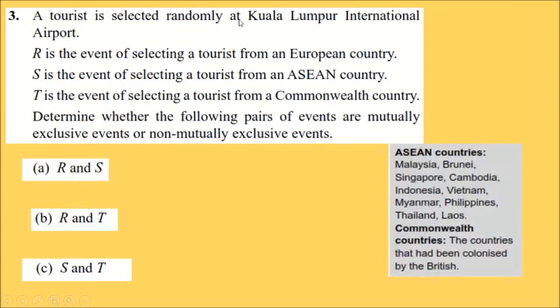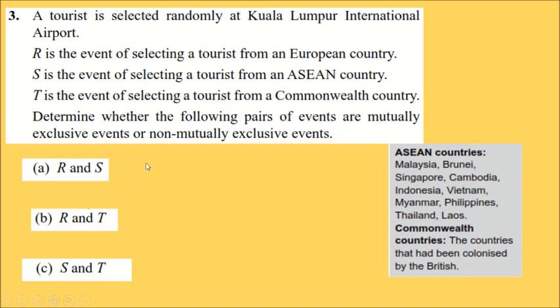A tourist is selected randomly at Kuala Lumpur International Airport. R is the event of selecting a tourist from a European country, for example Italy. S is the event of selecting a tourist from an Asian country. T is the event of selecting a tourist from a Commonwealth country. Looking at R and S, European country and Asian country: is it mutually exclusive or non-mutually exclusive?